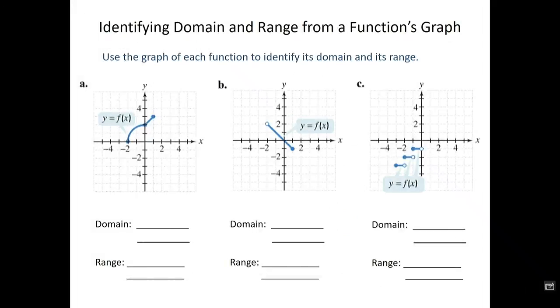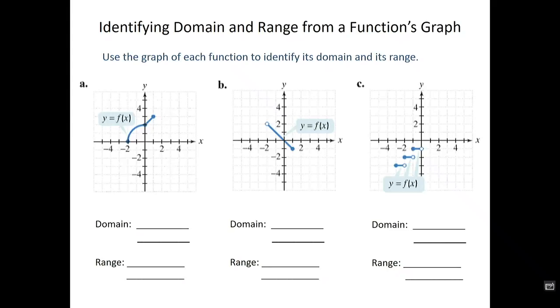In this example, given the graph of a function, we can determine the domain and the range of the function just by looking at the graph. So we're going to use each graph here to identify the function's domain and its range. The domain, of course, you look along your inputs, the x. So we look along the x-axis, and we see that -2 is part of the domain.